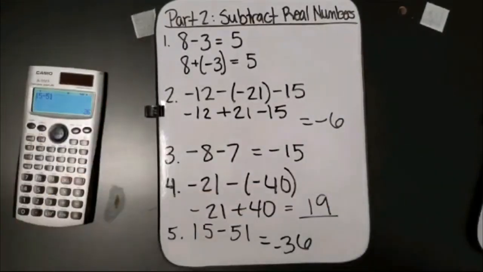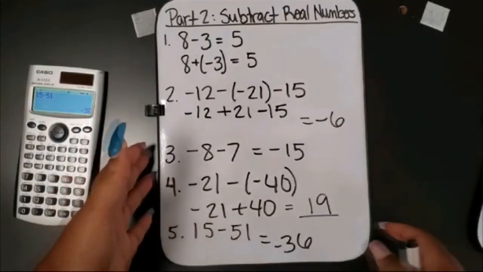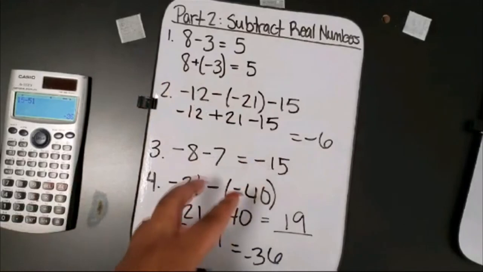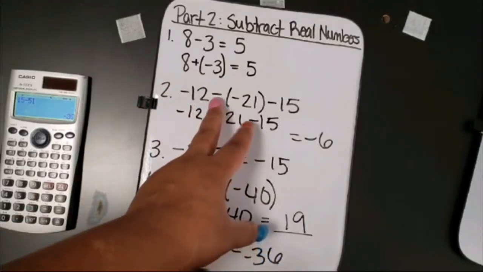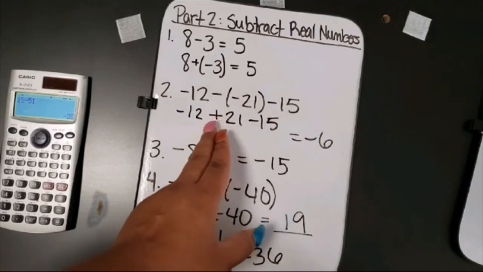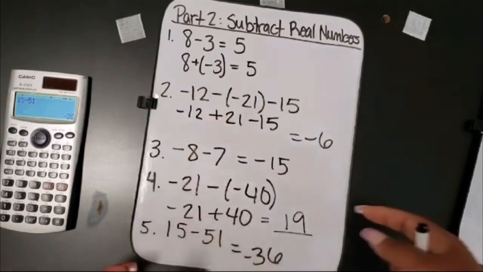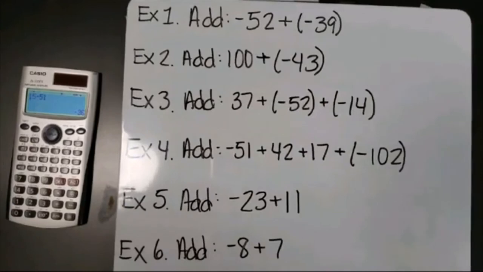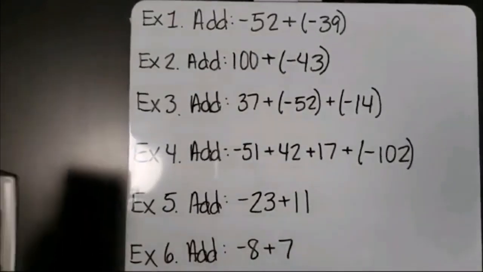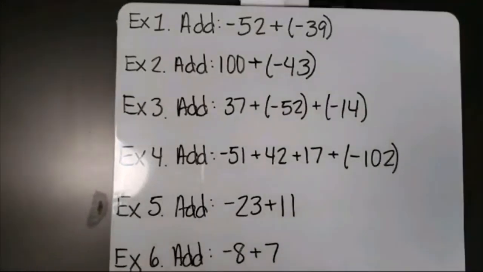All right? So you can look at subtraction as adding a negative. And you need to also remember that when you're subtracting a negative, that turns into a plus sign. So let's look at some more addition problems. And you guys make sure you put these in your calculator along with me.